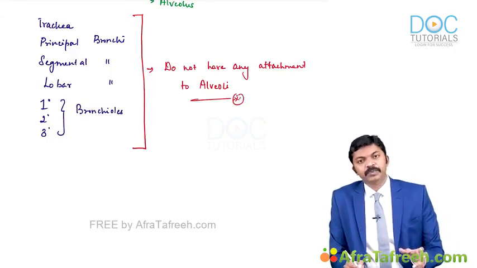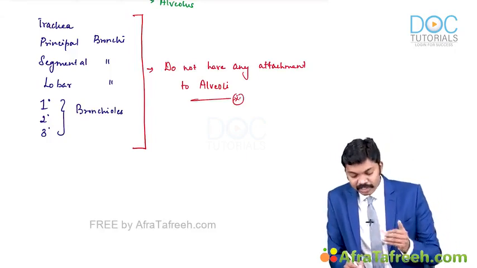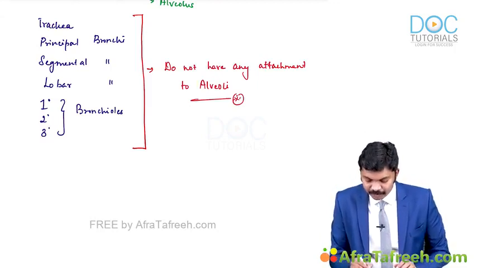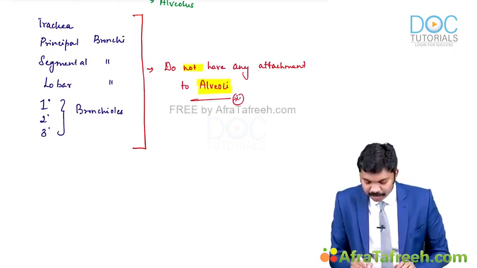From the trachea onwards till the tertiary bronchiole, these airways do not have any connection to an alveolus.